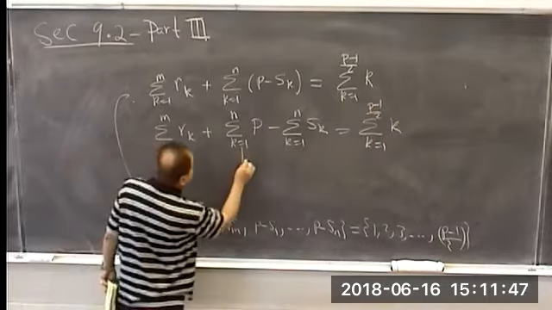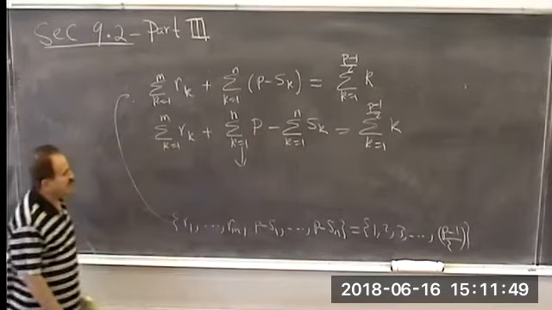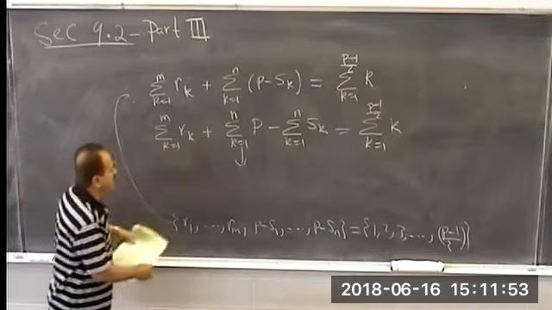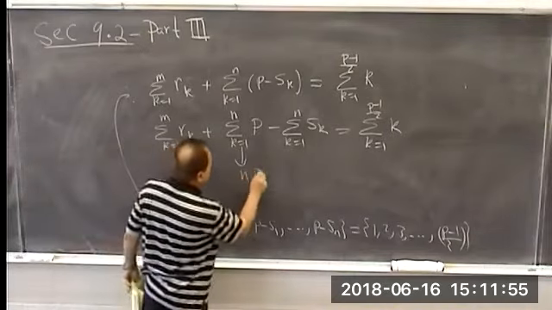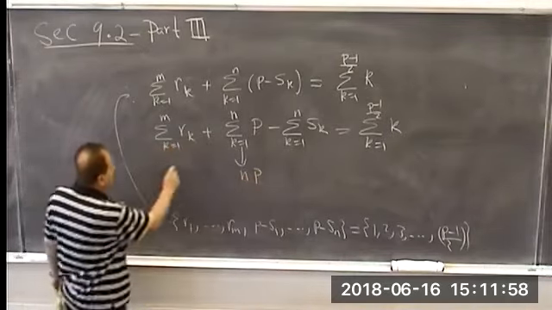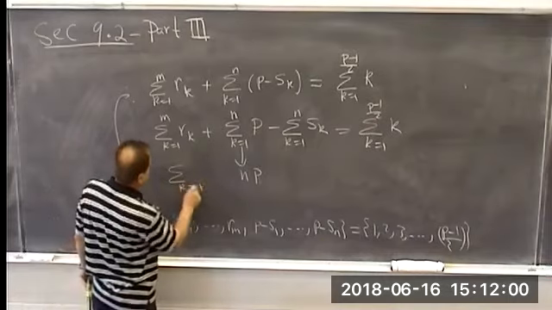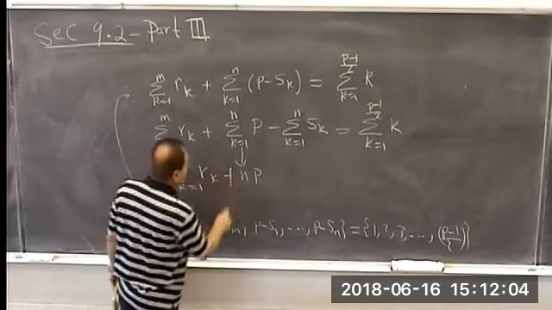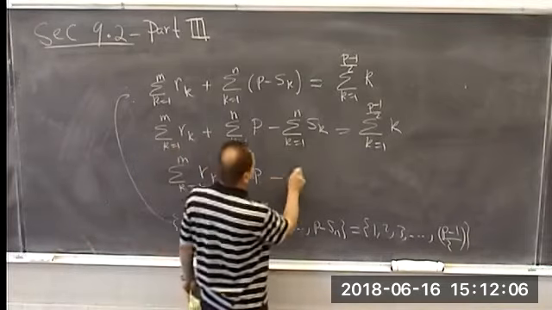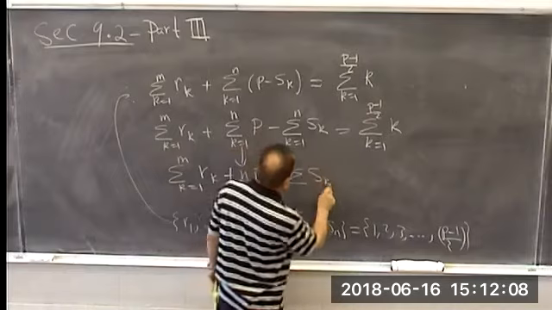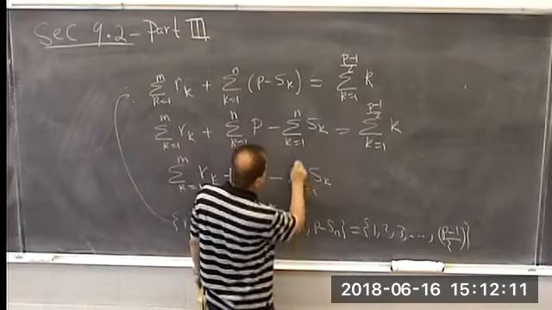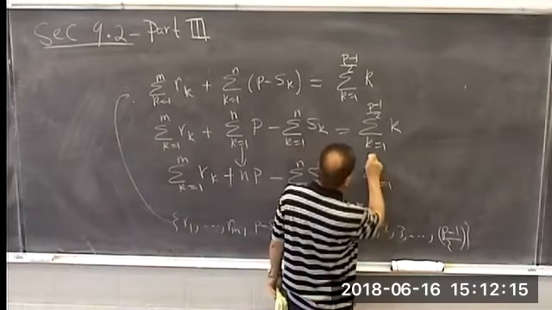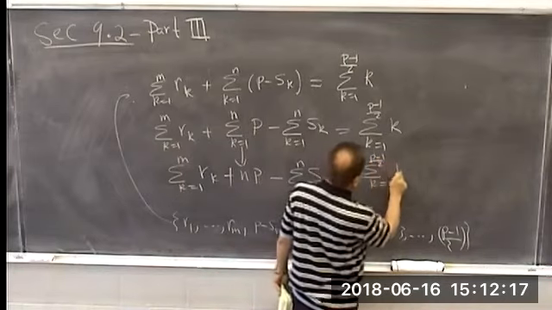This term right here, which is adding the number p to itself n times, is going to give me np. And the other parts we're going to write as the summation of r sub k minus s sub k, k equal 1 to n, and this is equal to the summation k equal 1 to (p minus 1)/2.